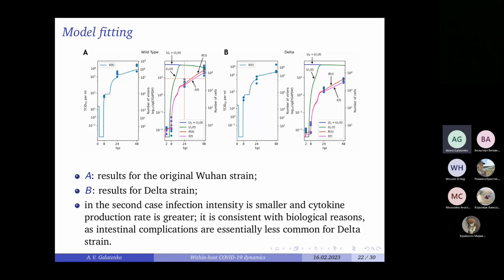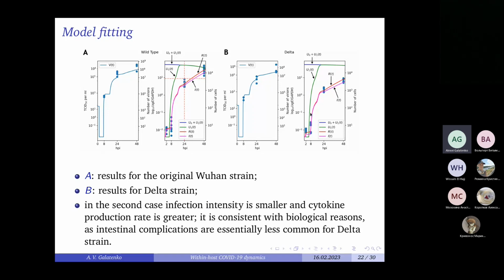If we take a look at the parameters, I decided not to write them out. Maybe it was a bad idea. It is adequately reflected by the model. In the case of Delta, infection intensity is less than for the Wuhan strain, and cytokine production rate is greater than for the Wuhan strain.